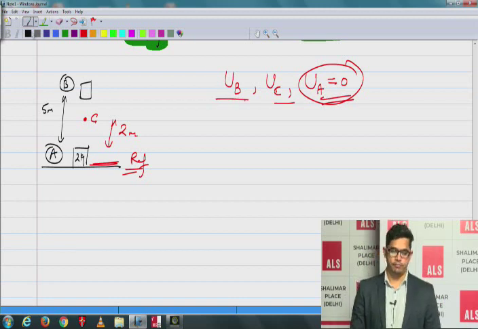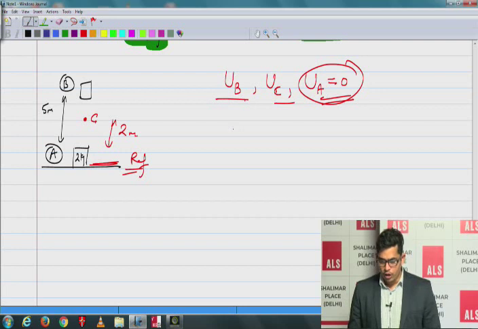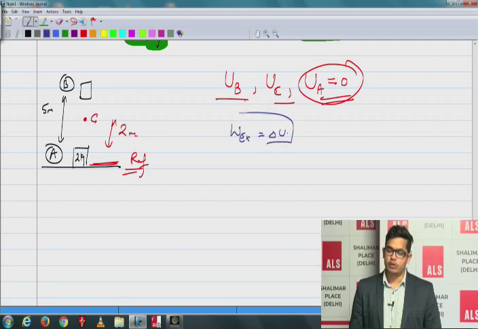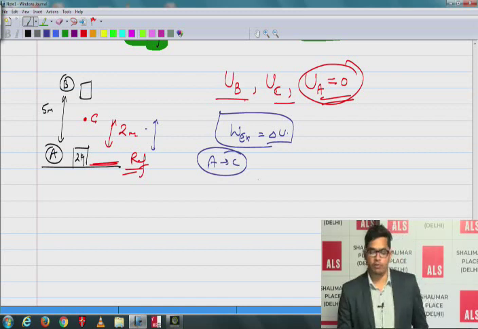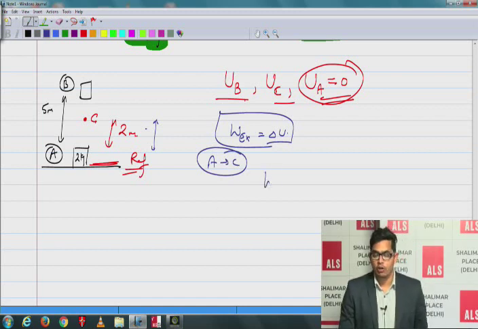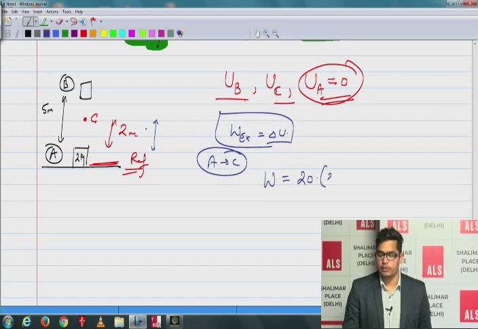Very simple. See, work done by external force is equal to change in potential energy. We will do it in 2 different ways. First, I'll take my body from A to C. If I take my body from A to C, what will be the work done? Work done will be equal to weight, which is 20, into displacement, which is 2.